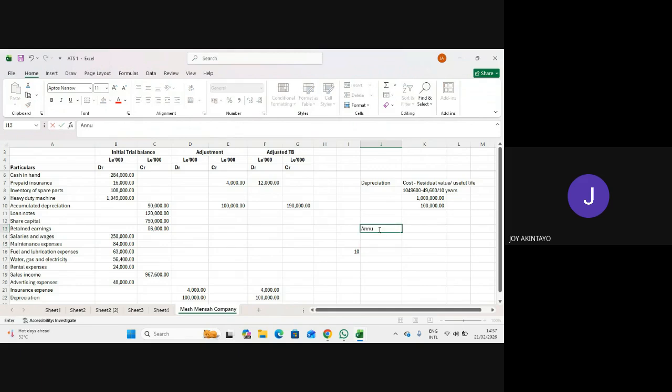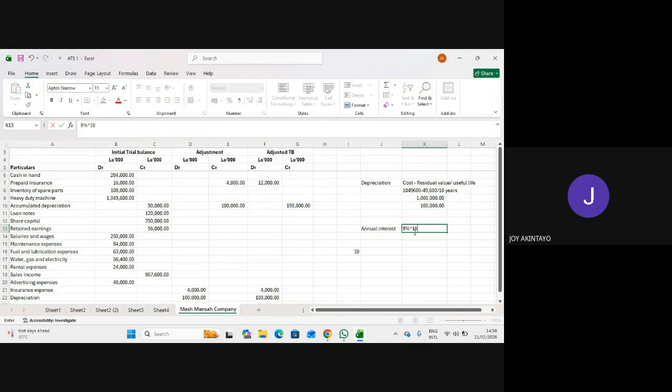Annual interest. That's 8% times what's the value? That's 120,000. It's 120,000 here.